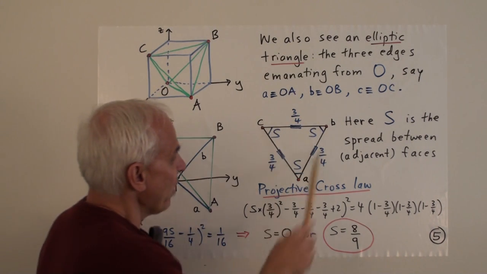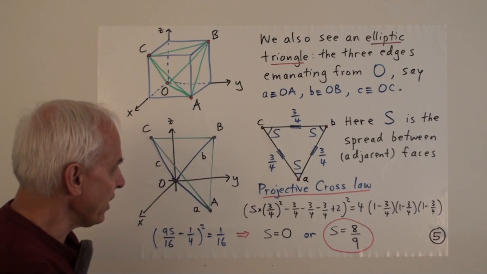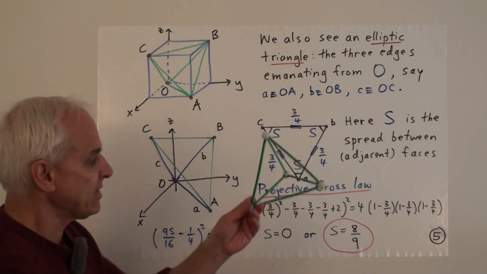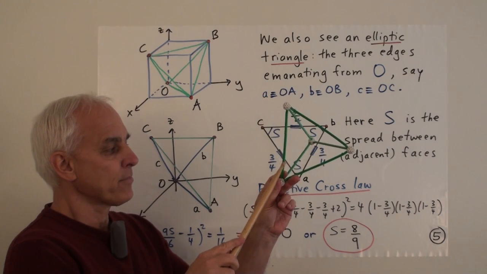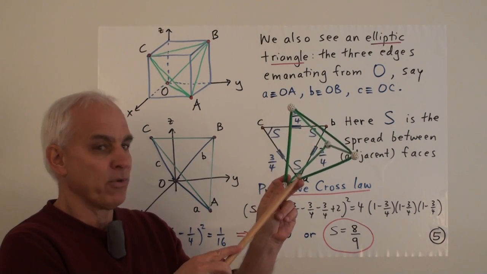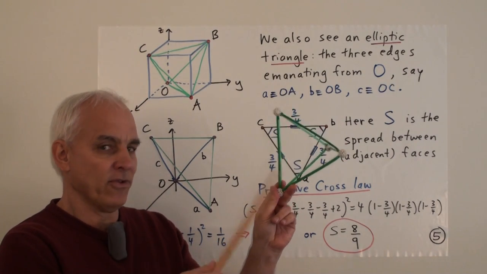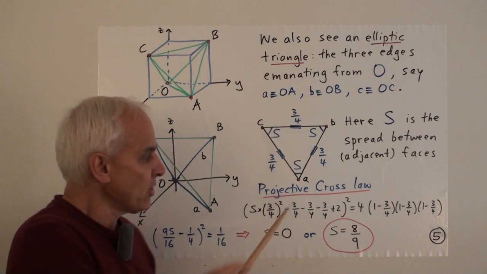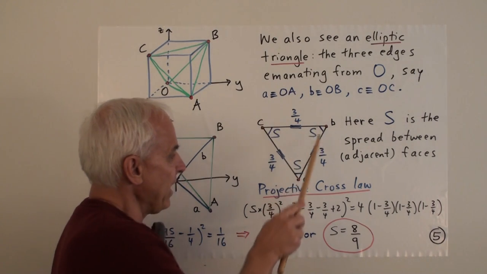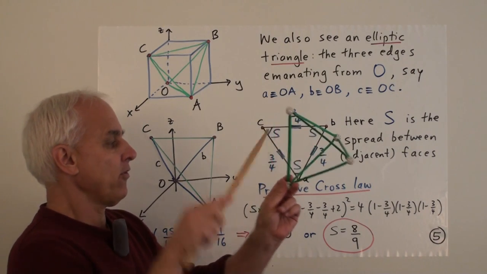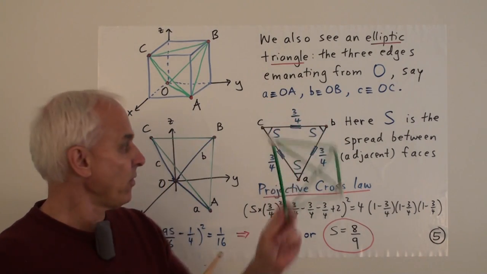Okay, so this elliptic triangle has some quantities associated to it. And the thing that we do know about this is that the spread between this line and this line is 3/4. And that's what we're calling the projective quadrances, or just the quadrances in the elliptic sense, between these 2 points. So the projective quadrance between A and B is 3/4. And similarly between B and C, 3/4, and between C and A, 3/4.